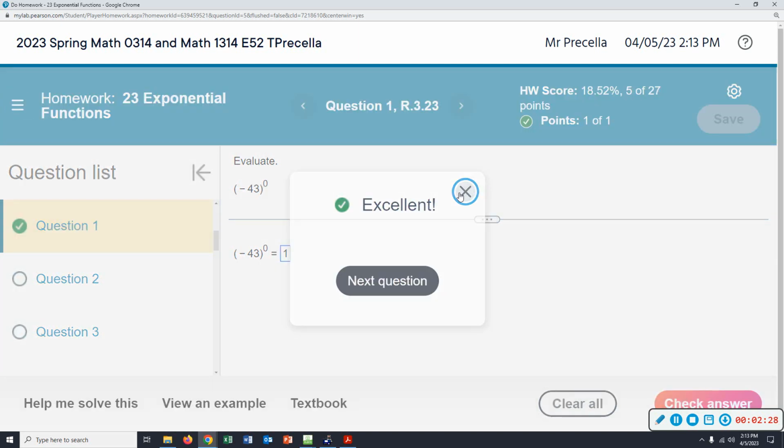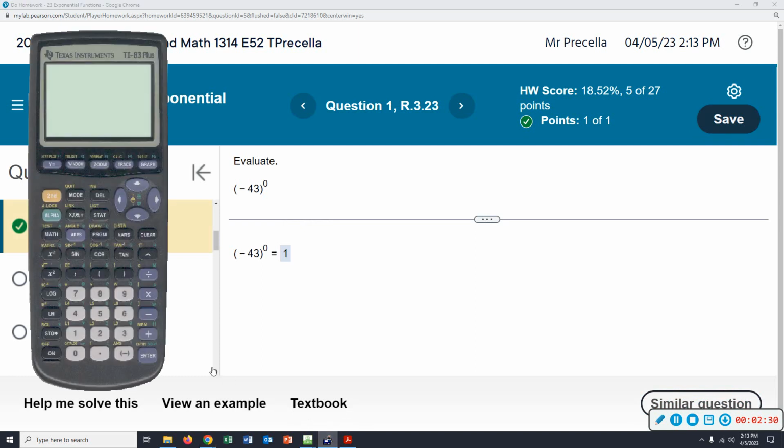Okay. And I wanted to mention with a calculator, a lot of times students forget if they see parentheses like that, they don't enter the parentheses. The way I enter an exponent other than a square is to use this little caret symbol there. I've already checked this and it told me it was right. But if I punch it in like this, look at what it's going to do. It gives me negative 1, which is wrong.